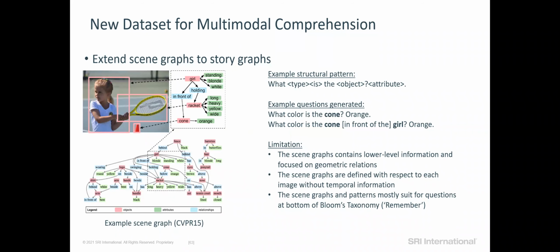And now our job becomes, can we extend this scene graph approach to story graphs, right? So can we have graphs at every level, right? Because the problem is that scene graphs are suited mostly for questions that are related to memorization. Another way of looking at memorization is to think of it as factual information.